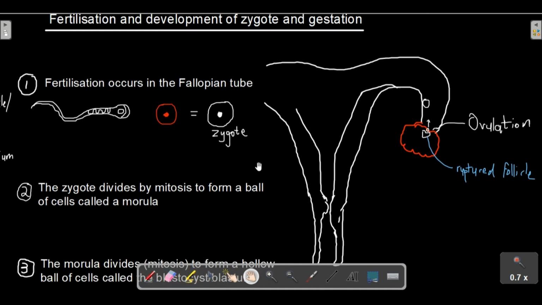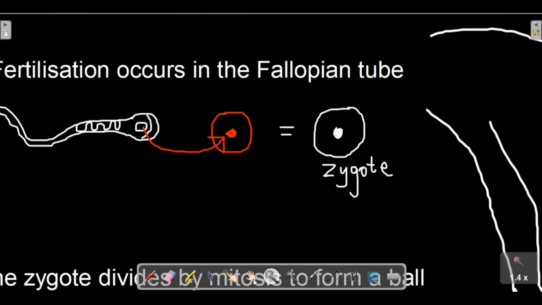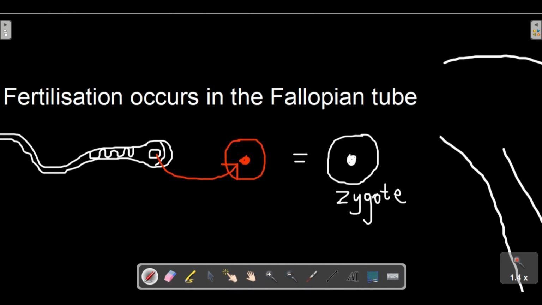Now, we said that when fertilization occurs, the nucleus of the sperm cell has to fuse with the nucleus of the egg cell. It's only this part that will enter the inside of the egg cell. We talked about structures that the sperm cell has, like this front part, which is called the acrosome.